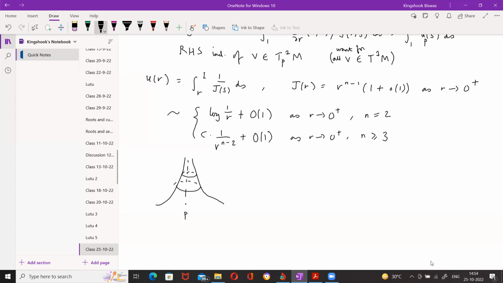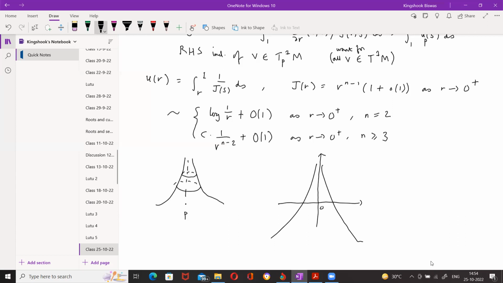In the 2-dimensional case, as r tends to infinity, this tends to minus infinity, so the function will look like this.